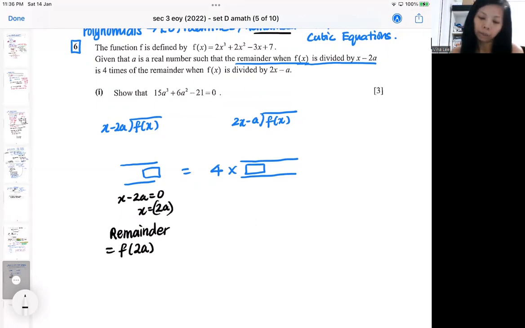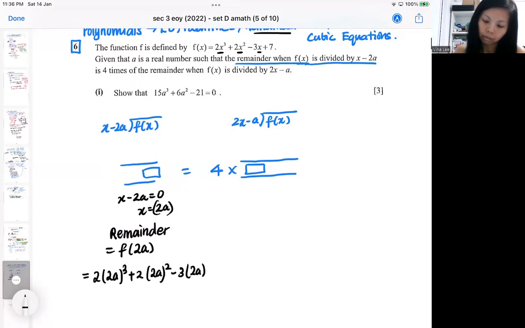So the x is being substituted. What is the meaning of f(2a)? That means all the x here, you're going to change it to 2a. So that can be a lot of careless mistakes. So that will be this remainder.